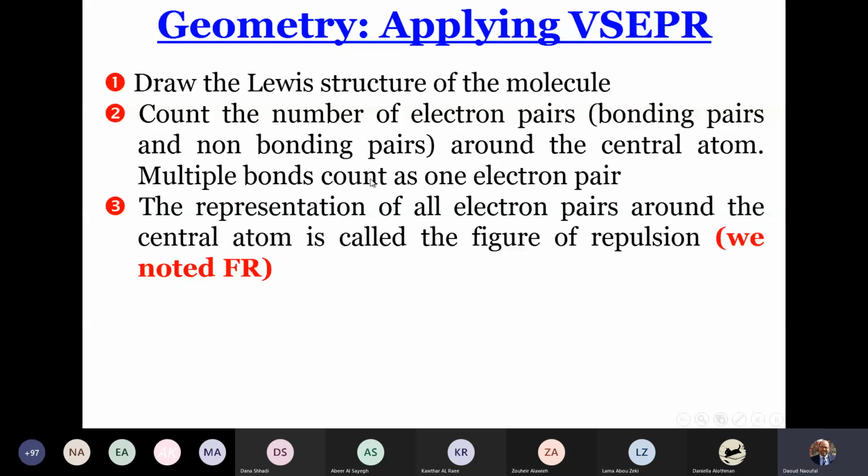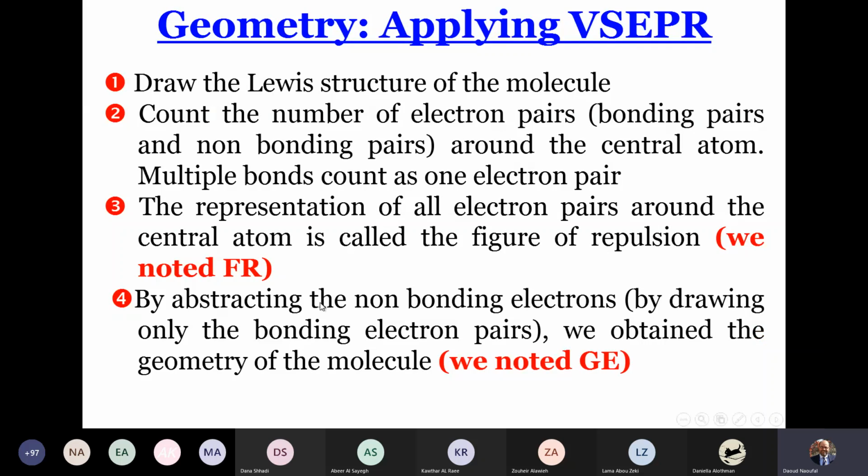Knowing the EP, we can find directly the figure of repulsion and not the geometry. And this is very important. The figure of repulsion is deduced directly from EP: 2 linear, EP3 trigonal planar, EP4 tetrahedral, EP5 trigonal bipyramid, EP6 octahedral. Now we have to find the geometry. In the figure of repulsion, we erase the lobes of the NBP, the non-bonding pairs.